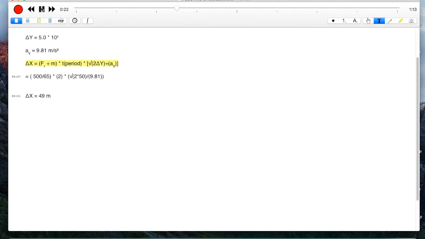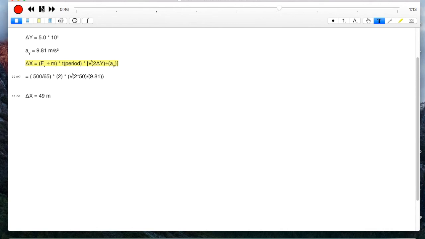So we times the period, which is 2, and then times the square root of 2 delta y, so we'll have 2 times 50 divided by the acceleration in the y direction, which is 9.81 meters per second squared.